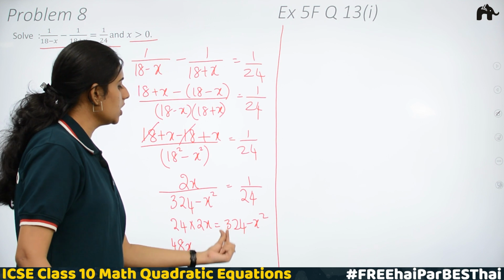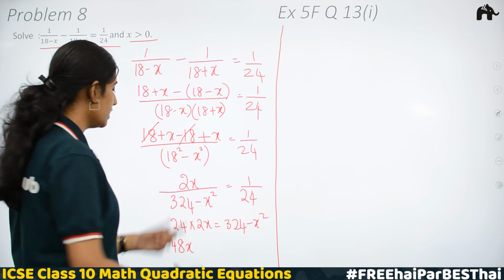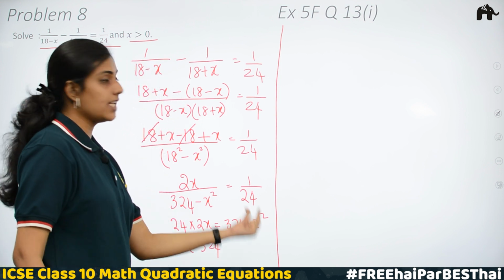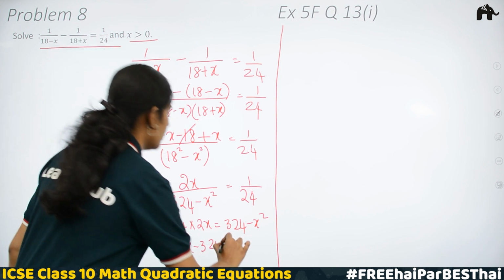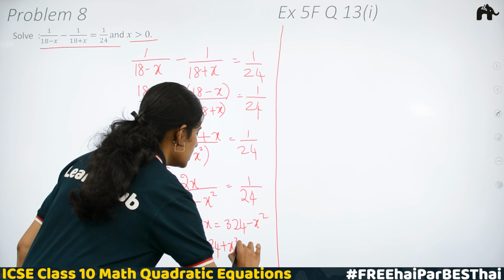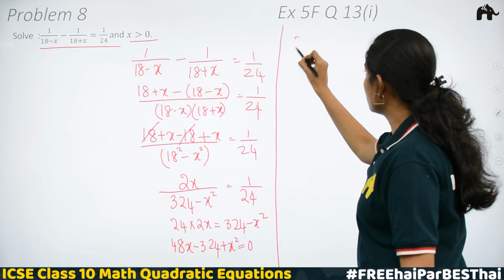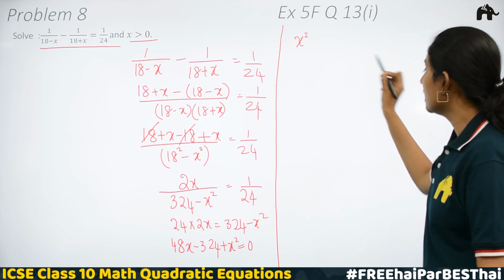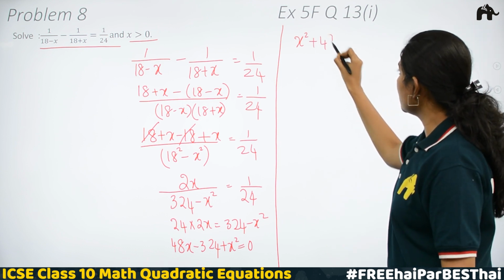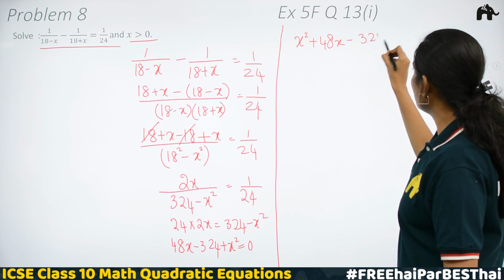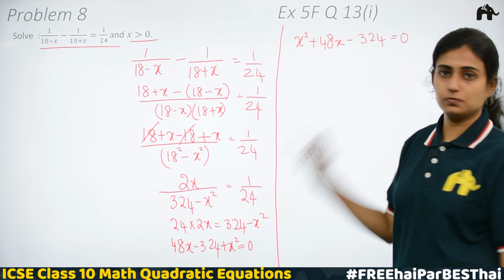When you bring this 324 to the opposite side, it becomes minus 324, and minus x square becomes plus x square, is equal to 0. The equation is x square plus 48x minus 324 is equal to 0.